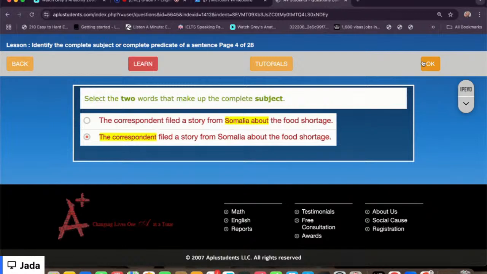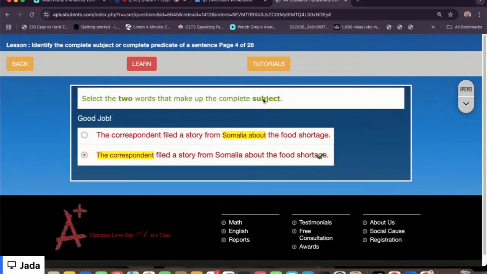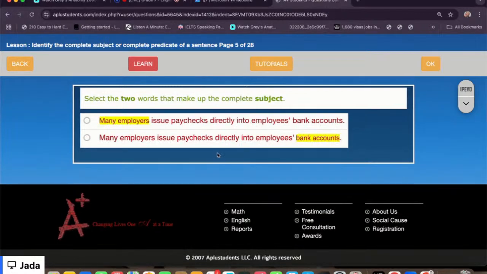It will be the correspondent. So, we have the next. Select the two words that make up the complete subject. Many employers issue paychecks directly into employees' bank accounts.